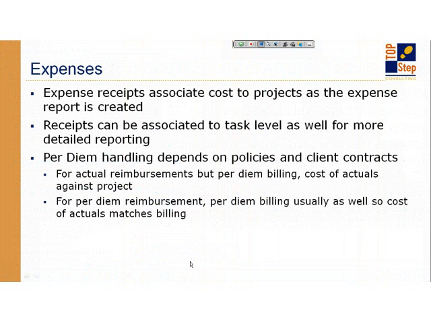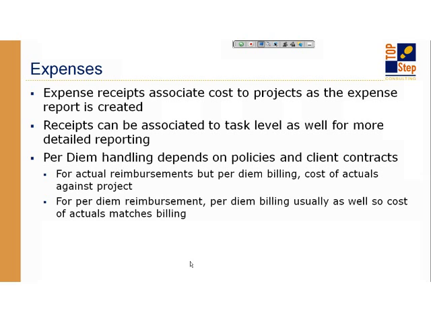So that's all about hours and labor. Expenses, of course, are costs against the project. And as you enter a receipt in the system, it's cost against the project immediately. Now, I do have conversations with customers about per diem. Per diem is a bit tricky. Really, if you're reimbursing people for per diem, then the cost of the per diem is what people should put on receipts so that that's what hits the project.